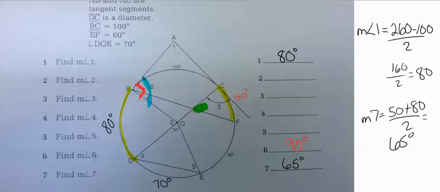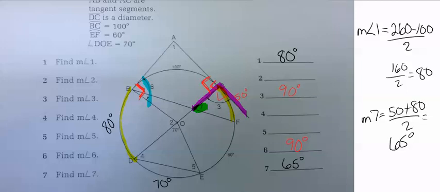The same can be said with ACO, that is 90 degrees. Now, since this angle and this angle form a straight line, that means that angle OCX, as we'll call it, is also 90 degrees, which happens to be angle 3. So angle 3 is considered 90 degrees.